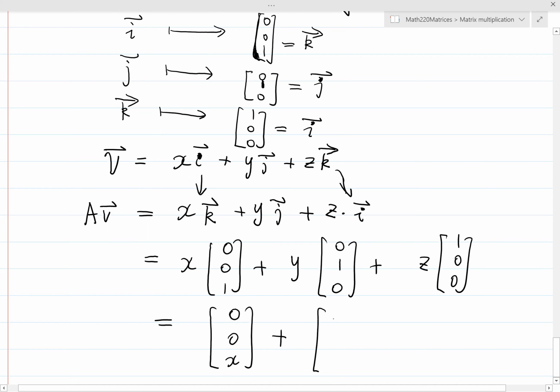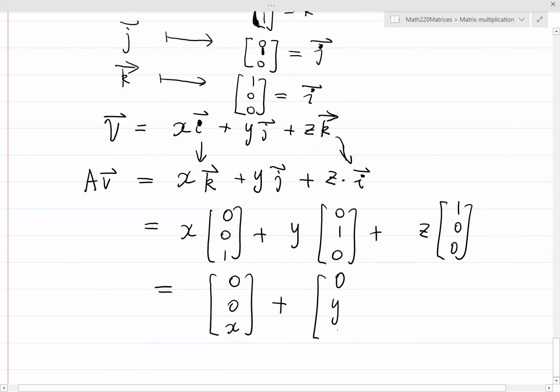Y distributed to 0 gives 0, y distributed to 1 gives y times 1, y times 0 gives 0. Now z distributed inside component-wise: z times 1 gives z, z times 0 gives 0, z times 0 gives 0.